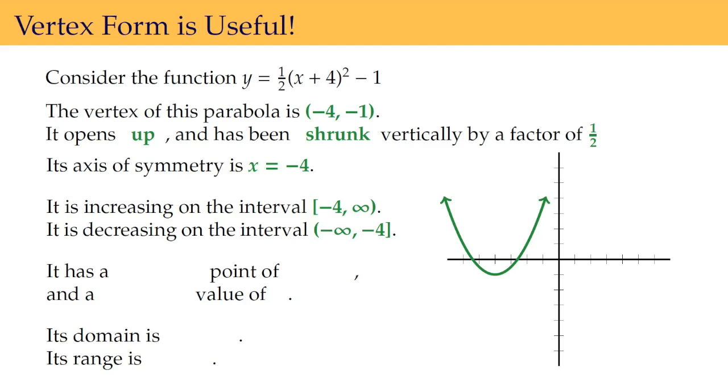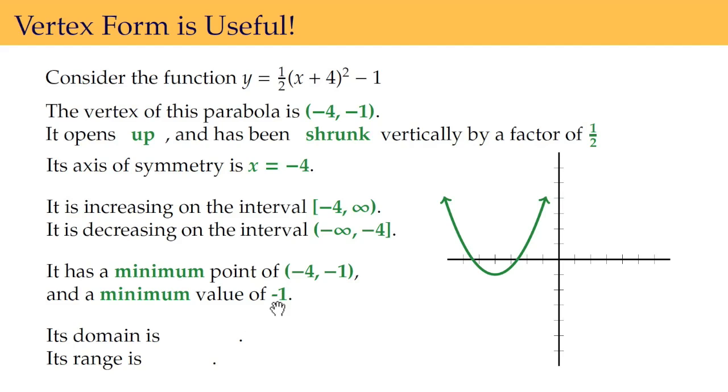Now, each parabola has either a maximum or a minimum point. This parabola opens up, so it has a minimum point. That minimum point is the vertex, which is (-4, -1). And so it has a minimum value of -1.